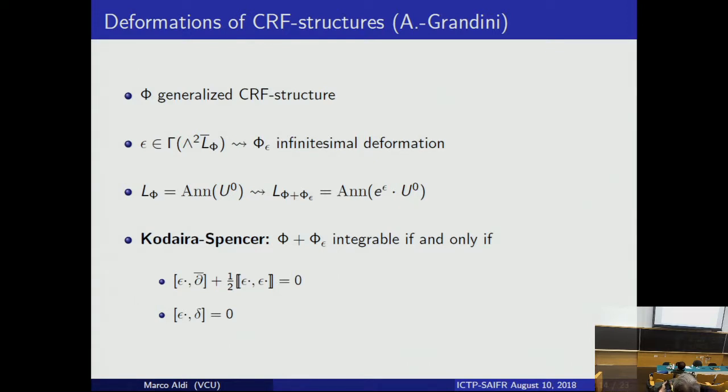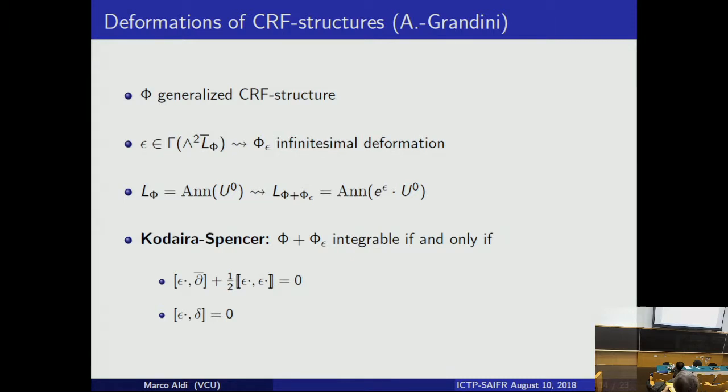So if phi is a generalized CRF structure, then you can look at epsilon as a section of the exterior square of the negative square root of -1 eigenbundle. And out of that, you can construct a putative infinitesimal deformation as an F structure. And then you want to understand when this deformation will give you something that is integrable again.